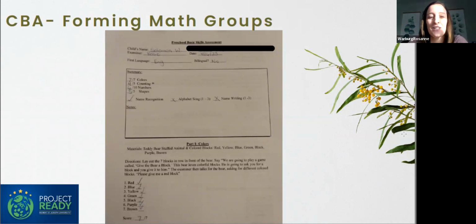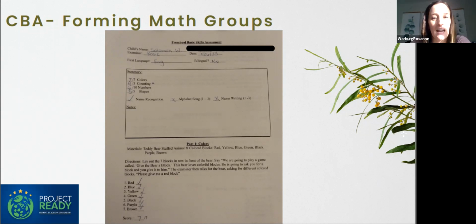These are pictures of the outcomes of my son's CBA. You can see on here that he knows 7 of the 7 colors that we assessed him on. He can count 4 of the 5 numbers that I asked him to count. He knows 6 of the 10 numbers, 1 to 10, and he knows 5 of the 5 shapes. He can recognize his name among classmates' names.